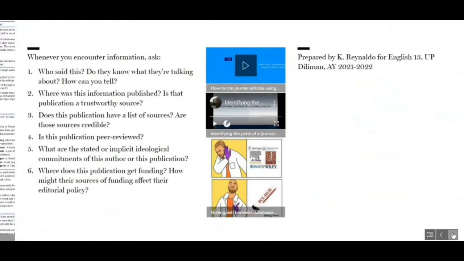So when citing journal articles, please distinguish between the title of the journal itself, and please refer to the resource on identifying the parts of a journal citation to figure that out, and the platform or the database in which it is found.